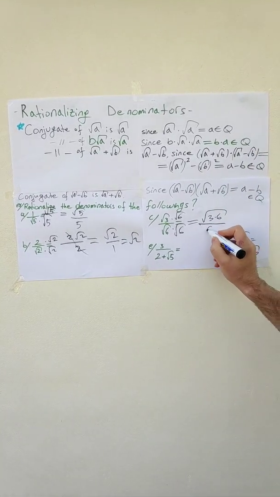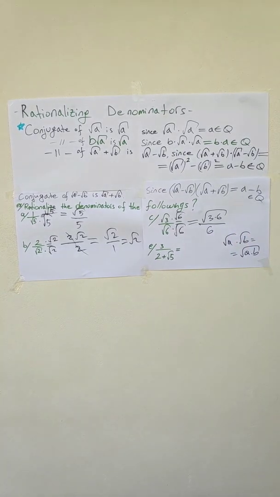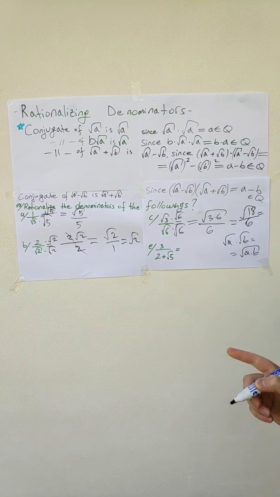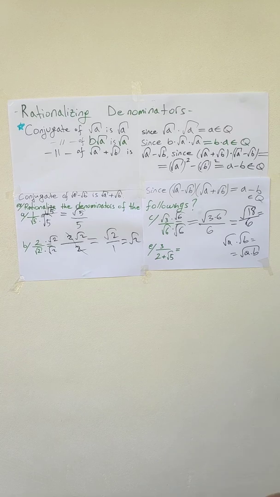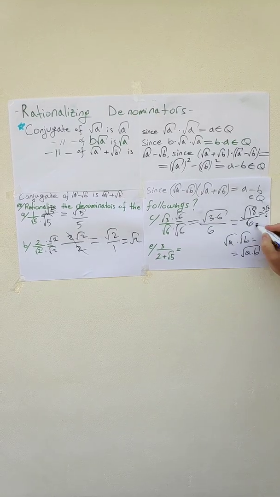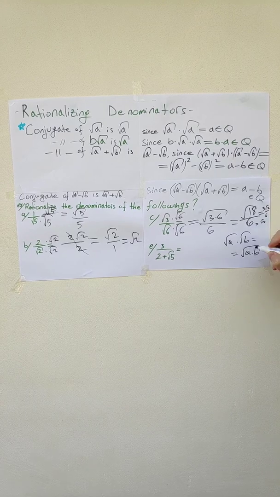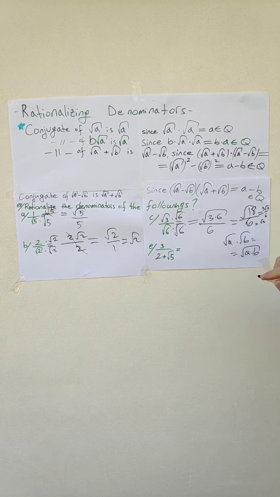And here is 6. Doing operations, square root of 18 over 6. So, 18 is 9 times 2, and 3 square root of 2 over 6. Doing operations, we simplify again, and square root of 2 dividing by 3 over 2.